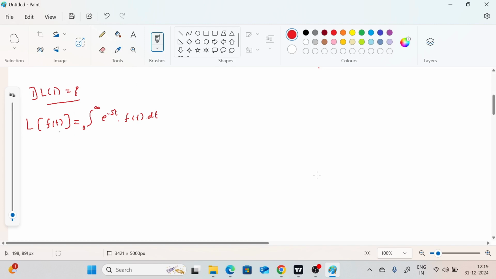Now, you can see here we have to derive the value of 1, means the factor is 1. So we are going to use 1 as the factor in place of f(t).